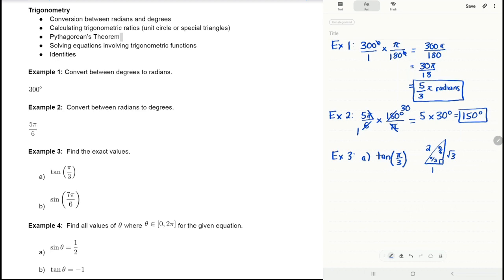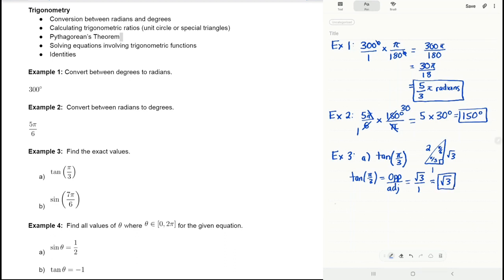So what we want is to find the tangent of pi over 3. We know that tangent is the ratio of the opposite side over the adjacent side. So from pi over 3, the opposite side is root 3, and the adjacent side is 1. So the tangent of pi over 3 is equal to root 3.